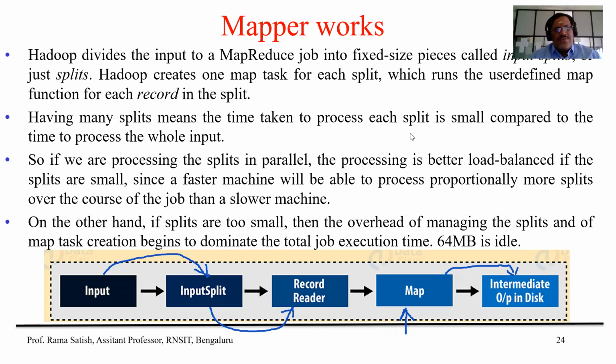So if you are processing the splits in parallel, the processing is better. The load is balanced if the splits are small, since faster machines will be able to process proportionately more splits over the course of a job than slower machines.